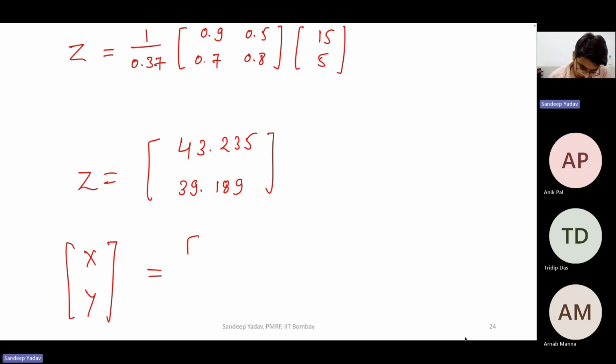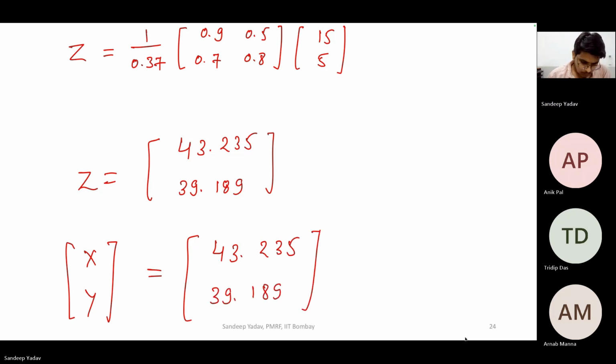Or we can say x y is equal to the values of x and y that we have calculated.